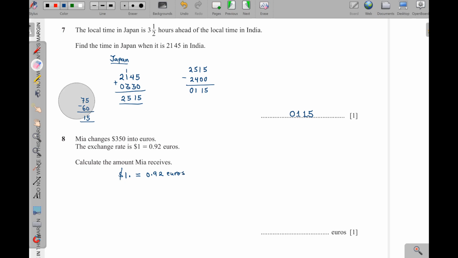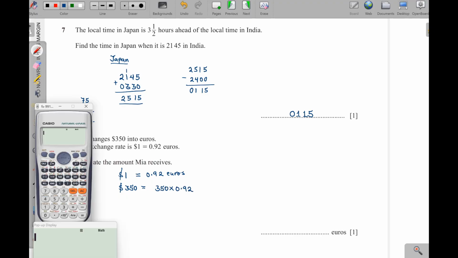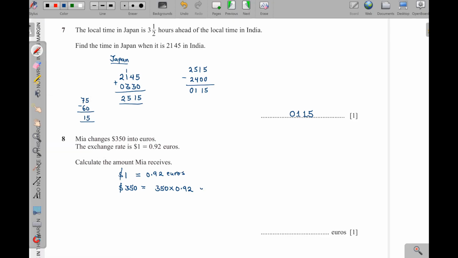So meaning if we are looking for the euros to change this $350, we shall get that 350 times the 0.92, as simple as that. 350 times 0.92, that is 322 euros.